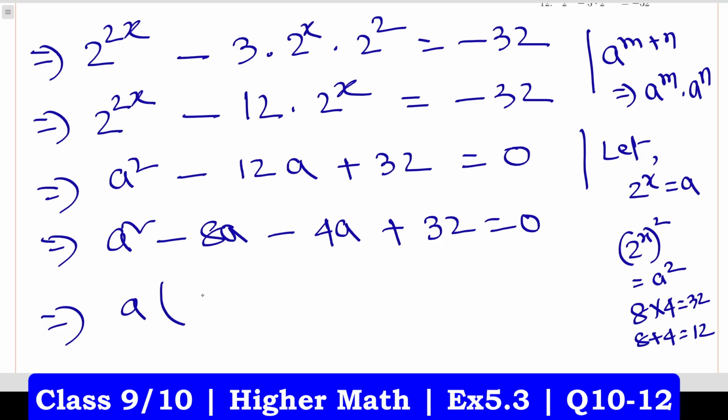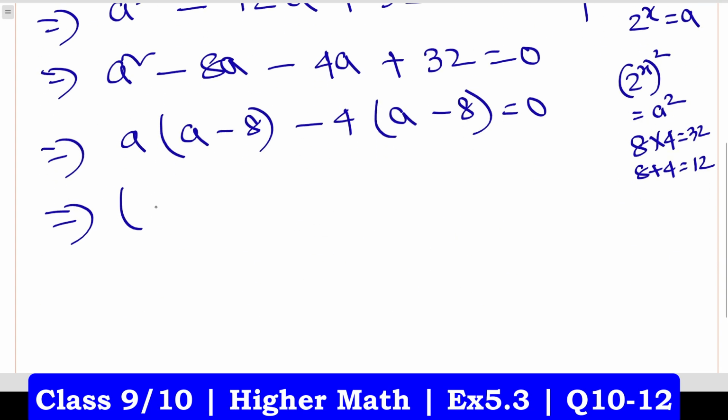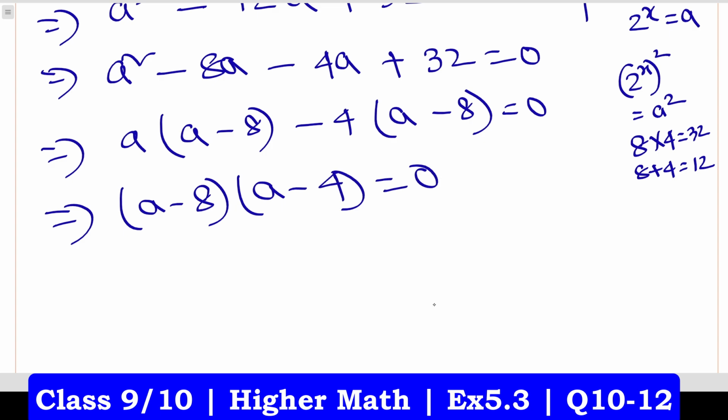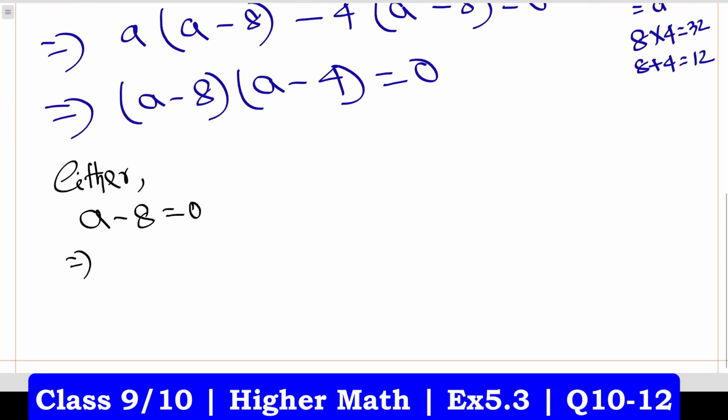So we can take common a, so a minus 8, we can take common minus 4, so a minus 8 equals 0. Now here is a minus 8 and a minus 4 equals 0. So now we can write either a minus 8 equals 0. In this case we can write a equals 8 because we are adding both sides by 8.